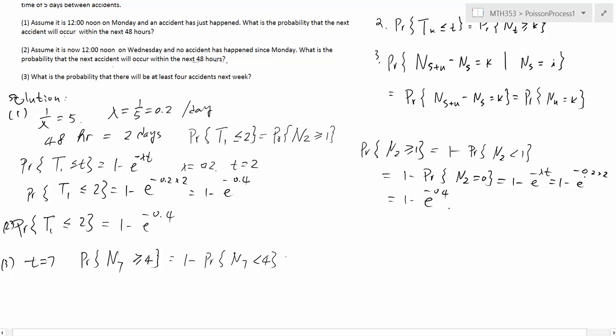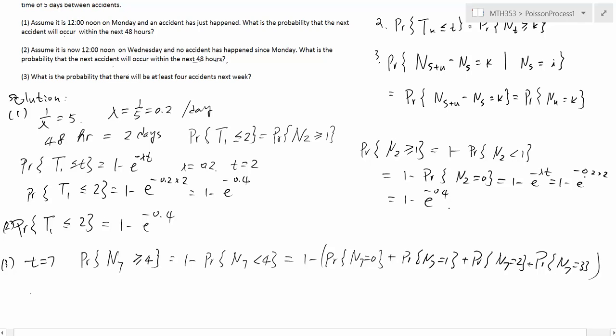That means 1 minus the probability of N7 equal to 0, plus the probability N7 equal to 1, plus the probability N7 equal to 2, and the last one, the probability that N7 is equal to 3.